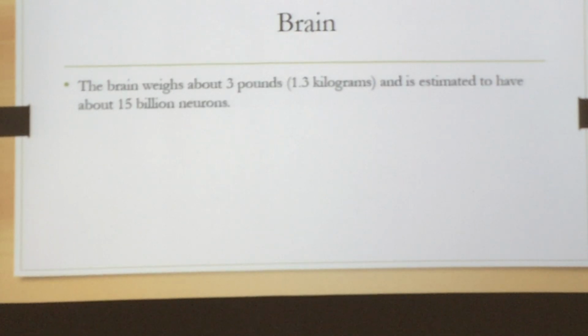The brain weighs about 3 pounds. It is estimated to have about 15 billion neurons. The film that I will show you is updated, where the doctor will tell you more, and they've even discovered more since then.